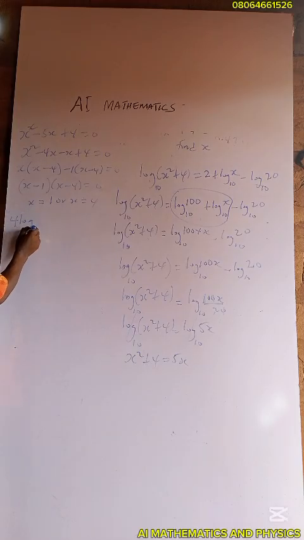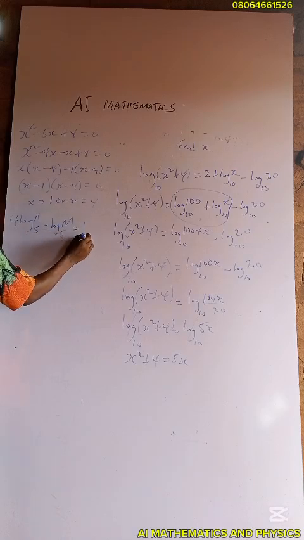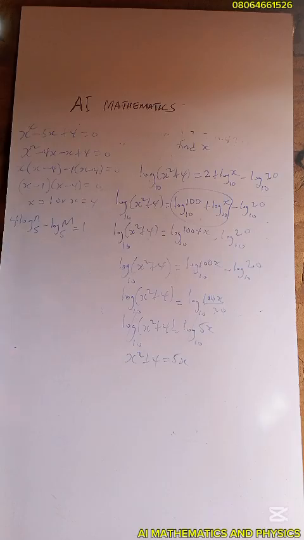4 log n base 5 minus log m base 5 equal to 1. That is equation 1.